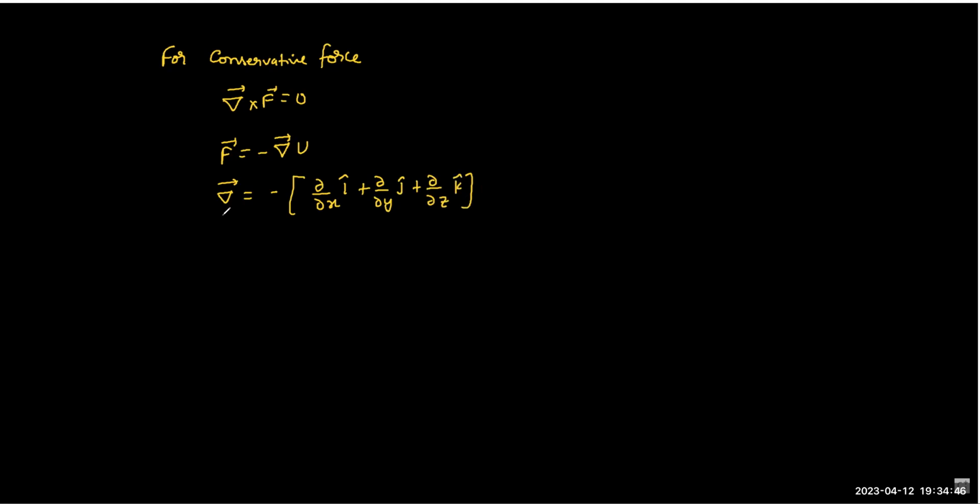So del is like an operator, or del operator. To verify whether a given force is conservative or not, if it is given in the i, j, k form with variables, we just check.